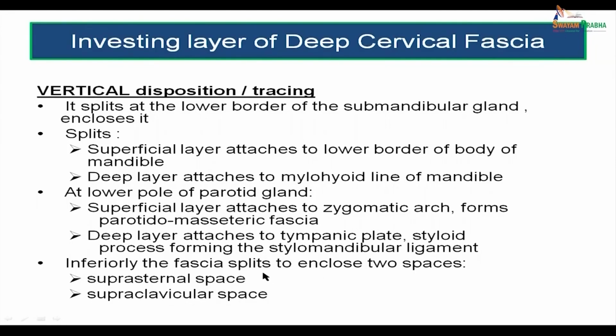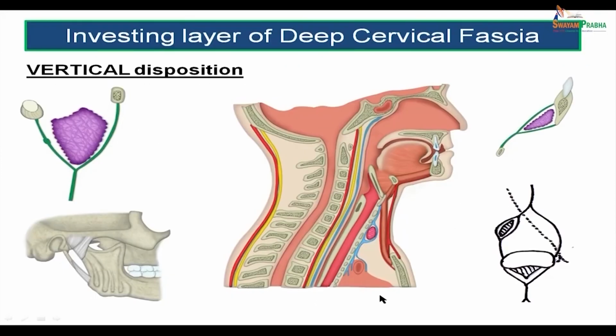Inferiorly, the fascia further splits to form two spaces, suprasternal and supraclavicular. Looking at the diagrams, we can understand how the fascia passes up from the hyoid bone, splits to enclose the submandibular gland, and finally attaches to the mandible. Then as it passes up from the mandible, it splits again to enclose the parotid gland.